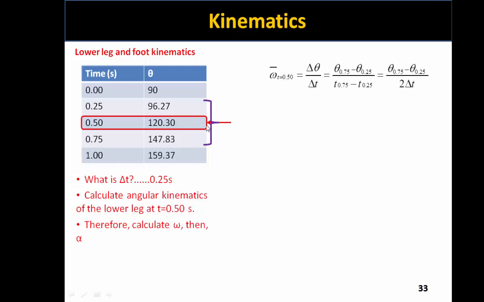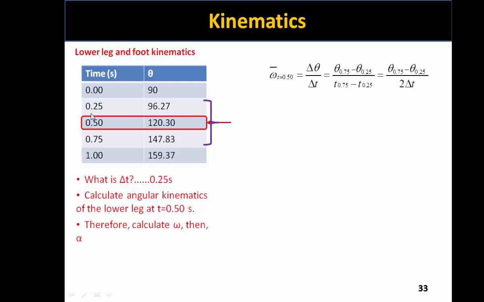So we need to take the position value in the period prior to the 0.5 and the position value in the period after the point of interest. The point afterwards will be the final, and the position prior will be the initial. So we want the position at 0.75 subtract the position at 0.25, and then divided by the respective time at 0.75 minus the respective time at 0.25.